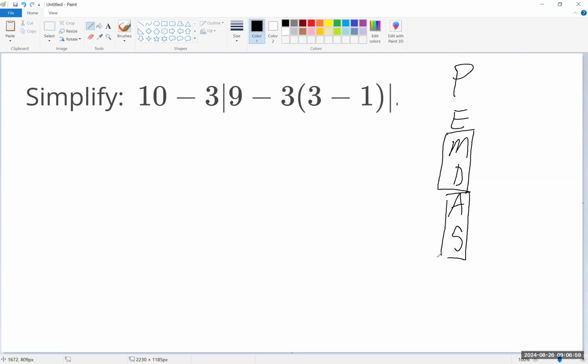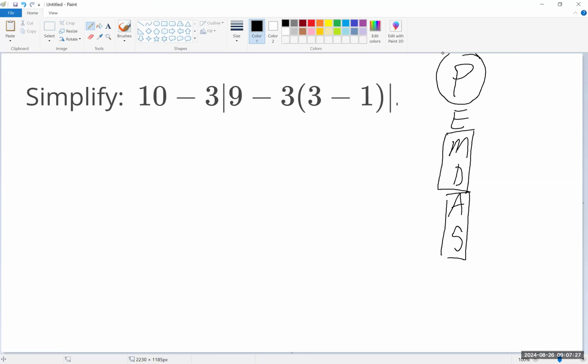So if you first come across a multiplication, then you do that first. But if you first come across a division, you do that first. And it's typically from left to right, except that this tells you the P, and again, the instructions aren't in the acronym. You have to start from the innermost parentheses.